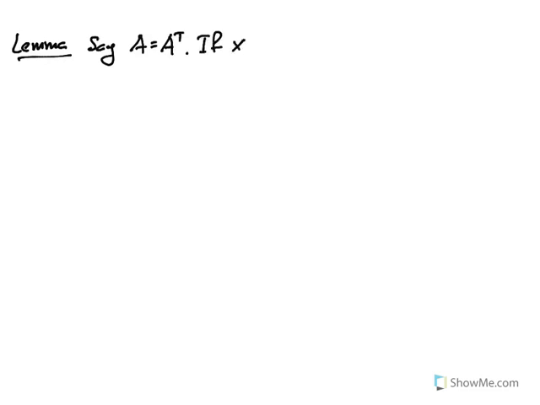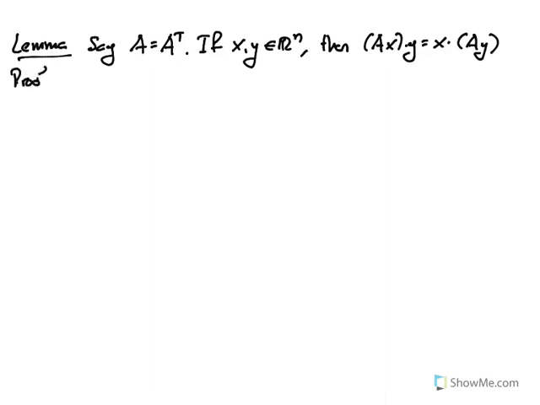Then if x and y are vectors in Rn, then the inner product of Ax with y is the same as the inner product of x with Ay. The proof is super simple: if we think of x and y as column vectors, then we can write this as (Ax) transpose times y.